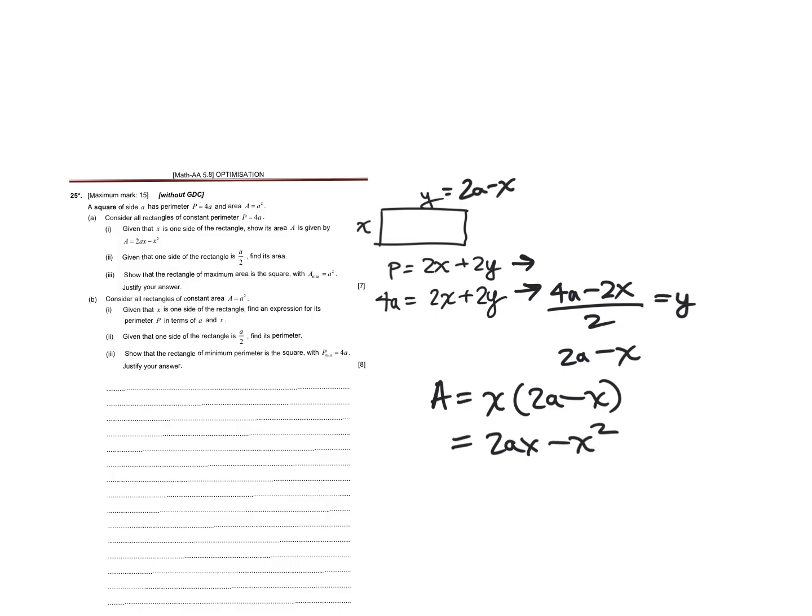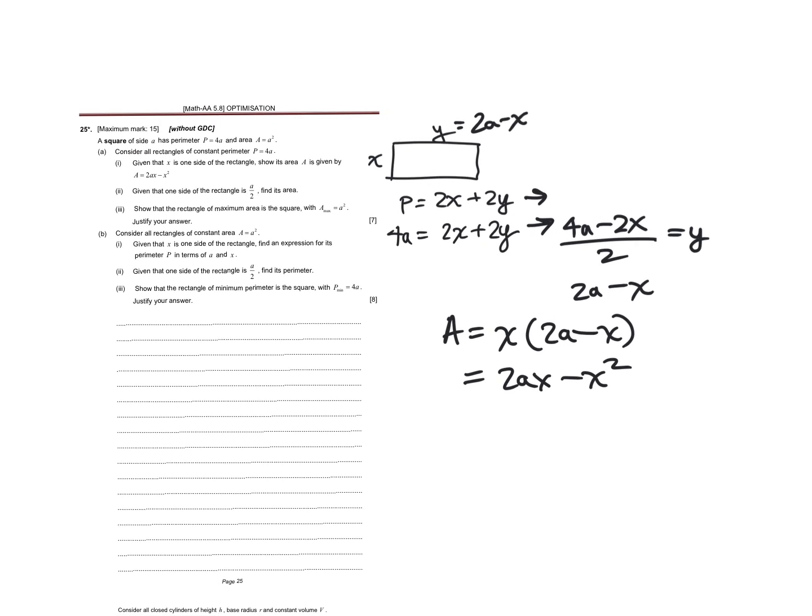Given that one side of the rectangle is a over 2, find its area. So same kind of situation. We're going to have a over 2 and y. So 2 times a over 2 plus 2y is the perimeter, and it's still equal to 4a.